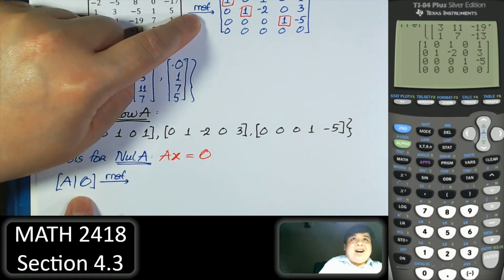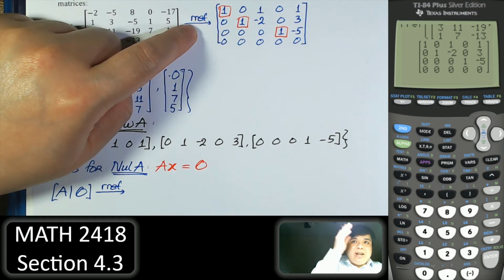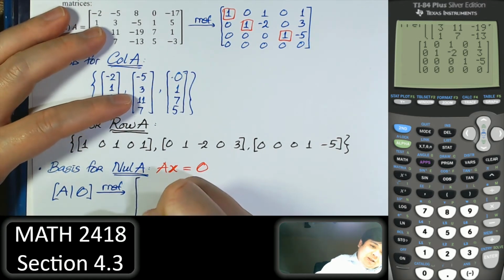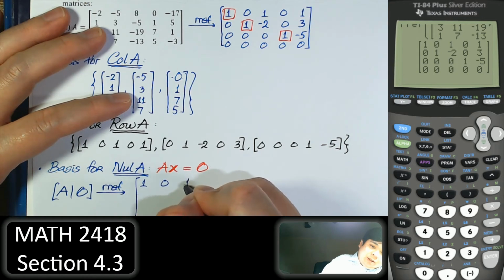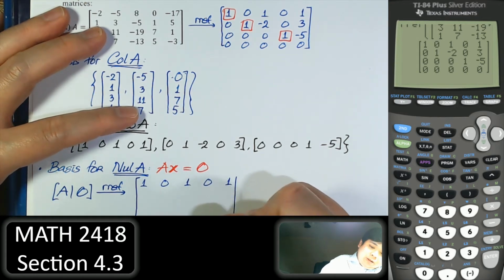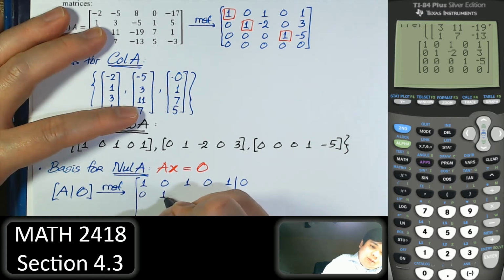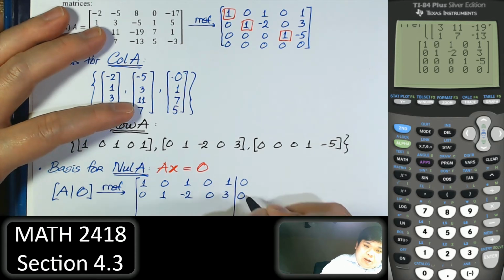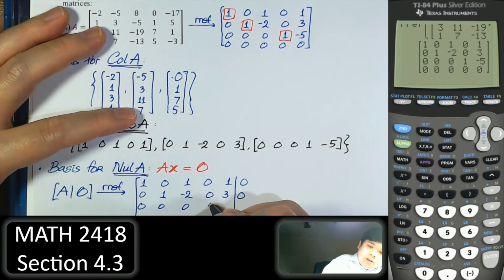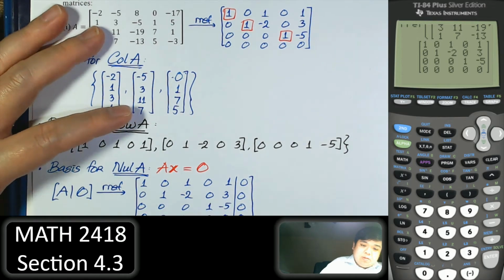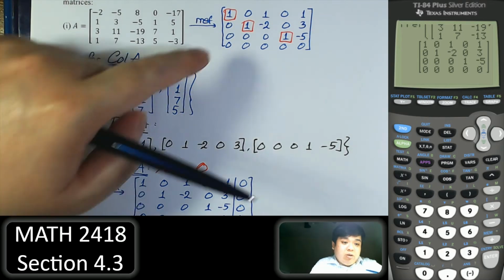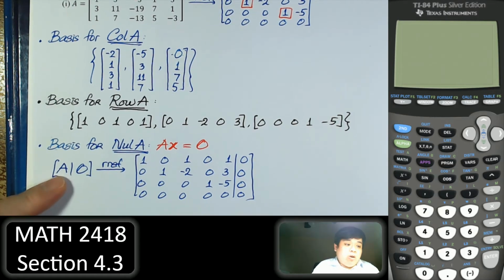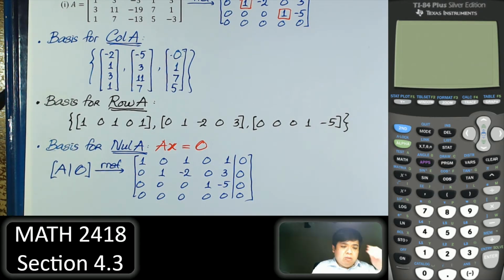The 0 on the right hand side doesn't matter. I just copy the reduced row echelon form from the previous one. That is the reduced row echelon form for A, and 0 is still just a column of 0.